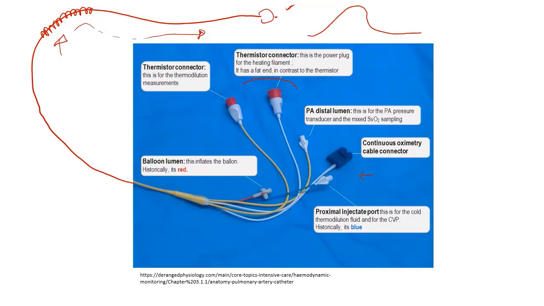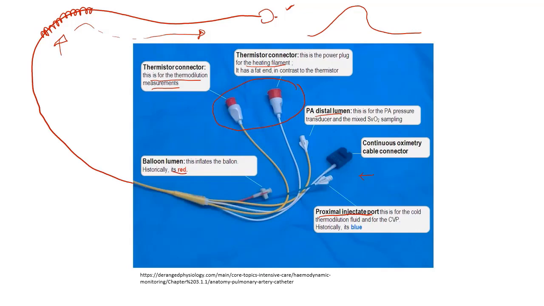So that's why, in contrast to the catheter we saw on the other slide, there's actually two different ports, one for the heating filament and then one for the sensor that actually measures the change in temperature. Otherwise, similar things. We see the yellow PA distal lumen catheter. We see the proximal injectate port, CVP, which is blue, and we see the red balloon catheter.